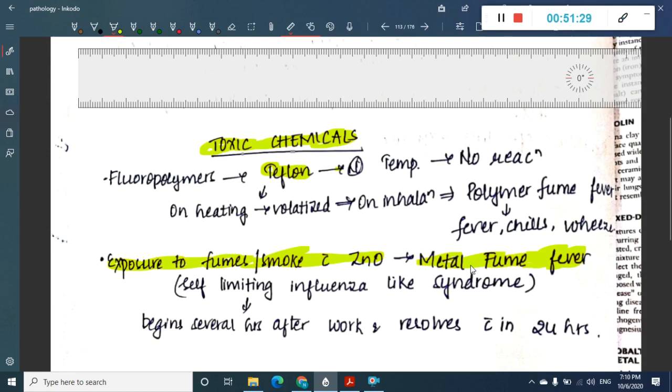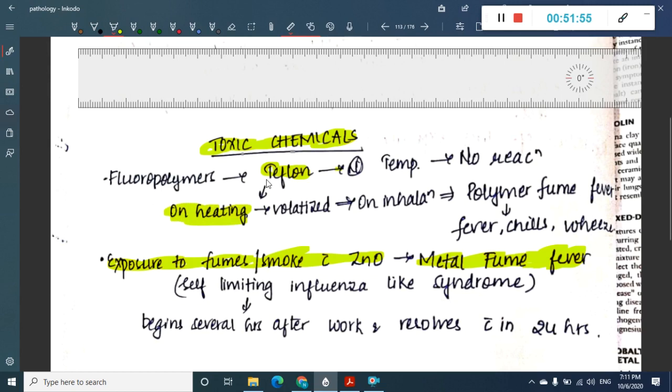So what is actually happening in Teflon? Teflon is a polymer, a fluoropolymer. At normal temperatures Teflon has no reaction. Everything is normal, the person is normal, there is no issue at all. But on heating, that is when you actually see the reaction. On heating, this Teflon is volatilized.